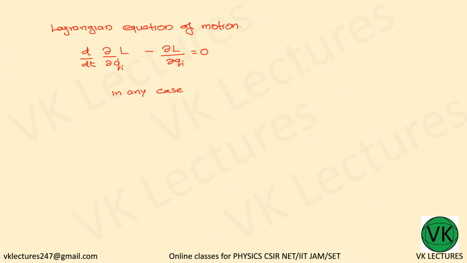Now in any case, if this Lagrangian equation of motion is not equal to 0, that means when we take the total time derivative of dou L by dou Qi dot minus dou L by dou Qi and it is not equal to 0, you are getting some value, let it be Qj.